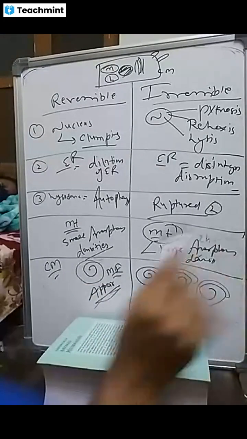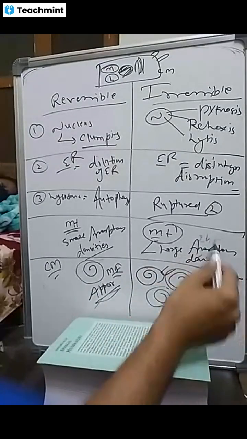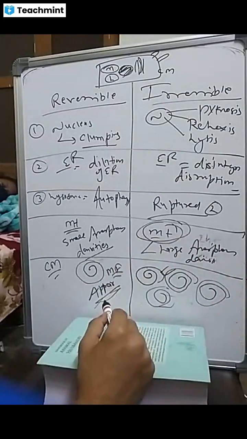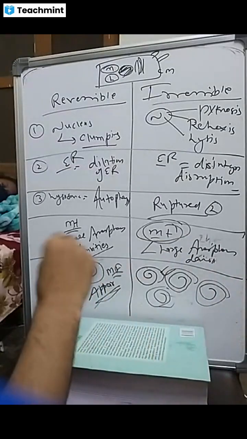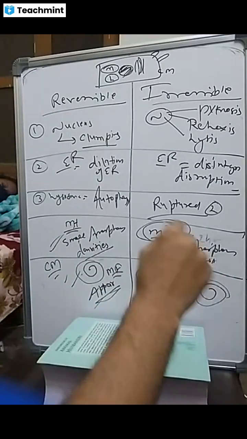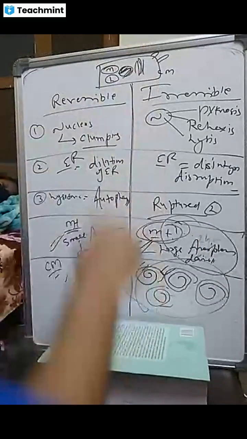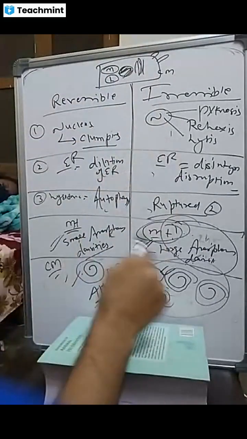So mainly myelin figures and amorphous densities are in the irreversible. In reversible, they first appear small or may not be present. Irreversible has crossed the point of no return. These are some differences at the ultrastructural level.